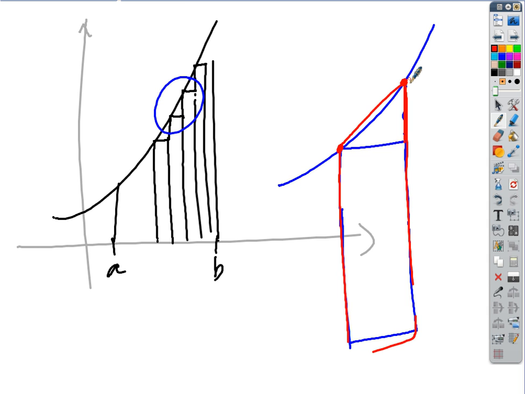So I'm going to find the best fit parabola that's going to connect that point and that point and that point. Now that fits really well. Is it perfect? No, it's not perfect, right? But then if I do that, if that defines the top of each shape, then the areas are very accurate. But that comes at a cost, because those shapes are much harder to add up, those areas, right? And so where's the trade-off? Because ultimately, what your calculator does, when it calculates a numerical integral, even for a function that's known, a lot of times, it does something like this.